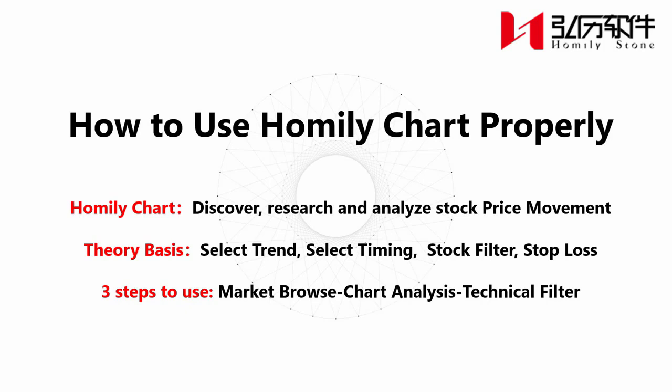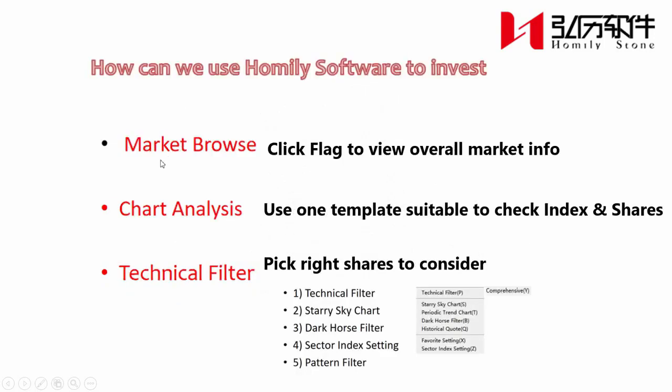Okay, when we use Homely chart, here we have 3 steps. The first one, we go to market browse, and then chart analysis, then technical filter. We just click the flag, the market, and then we can use the market browse to help us view the overall market information.